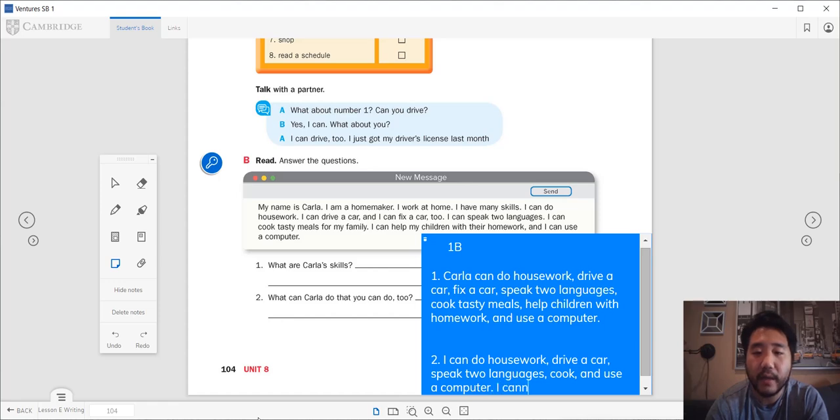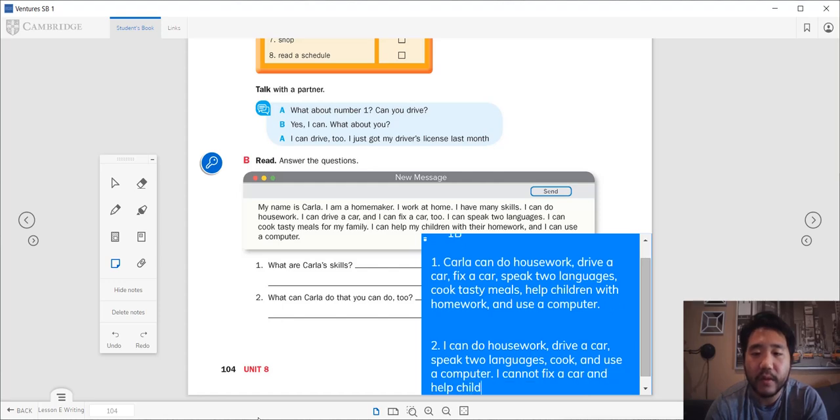I cannot. So I'm also going to list some things that I can't do, because I want to be more specific. I cannot fix a car and help children with homework.